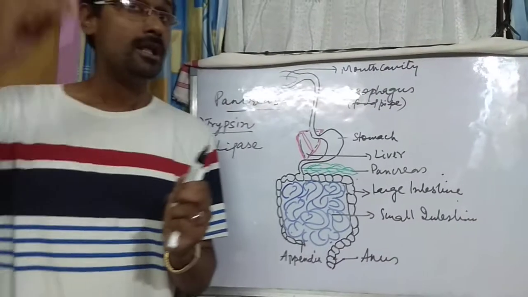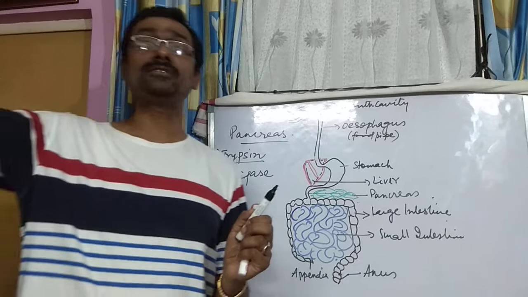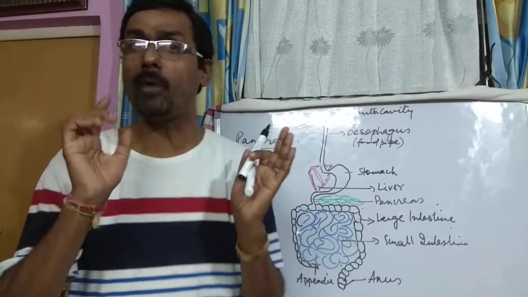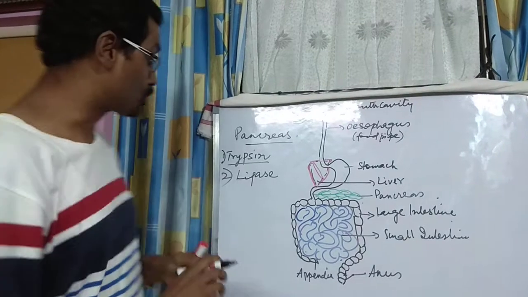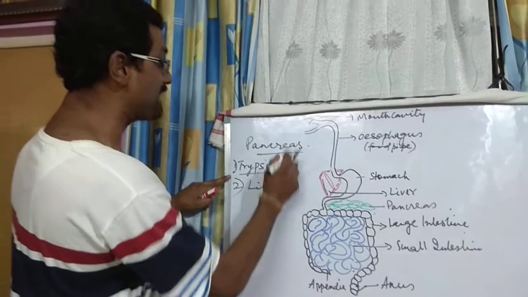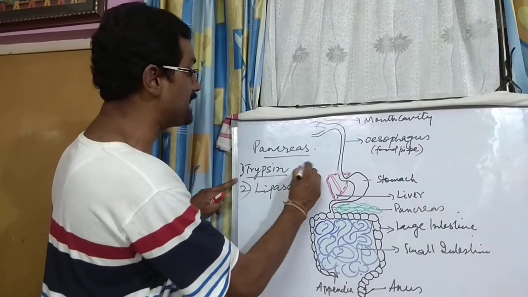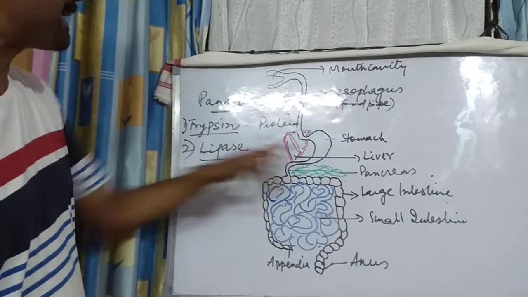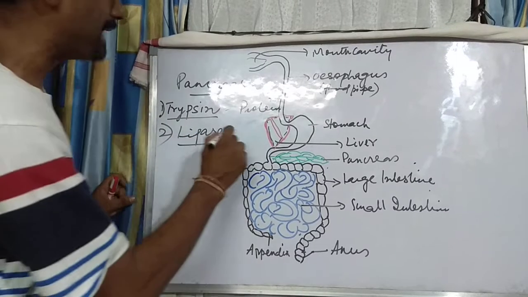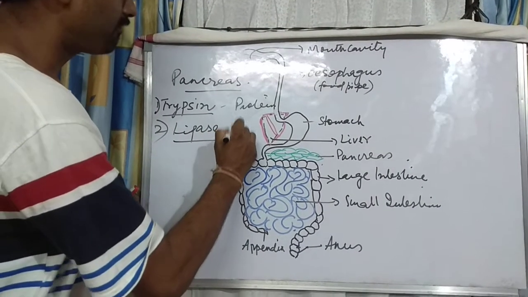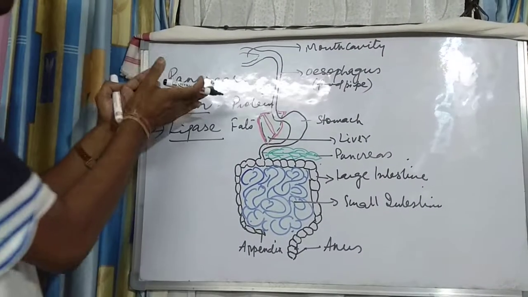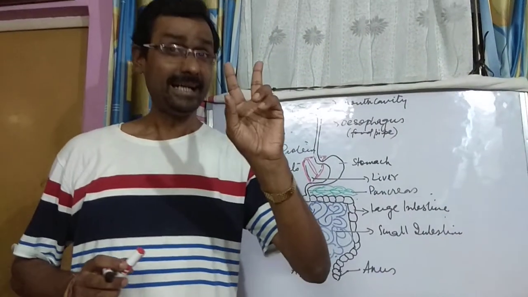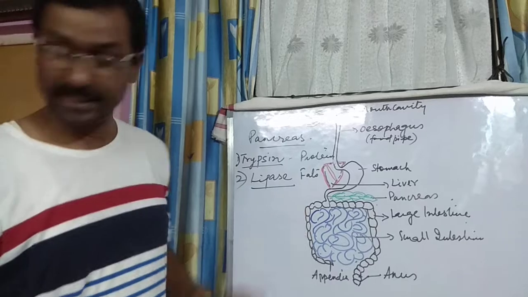Because I told you, the digestion of food may start in the mouth or in the stomach, but ultimate digestion of the food material needs to be in the small intestine. So, trypsin comes from the pancreas and helps in breaking protein. And lipase that comes from the pancreas, another enzyme, helps in breaking the fats. What fat? Emulsified fat. Who has done the emulsification? Bile. Clear?